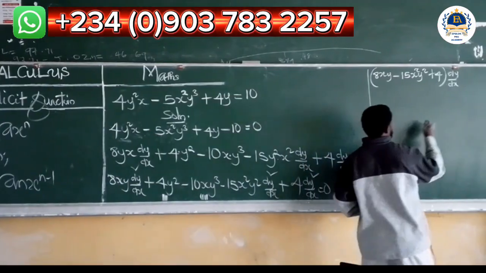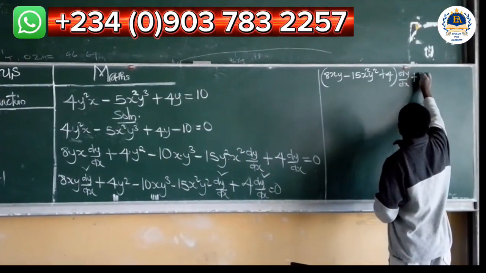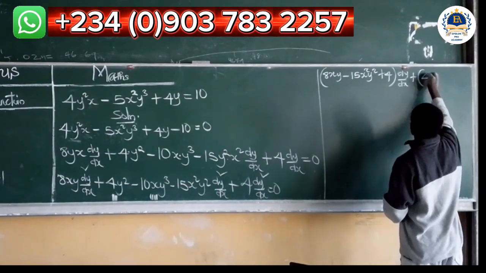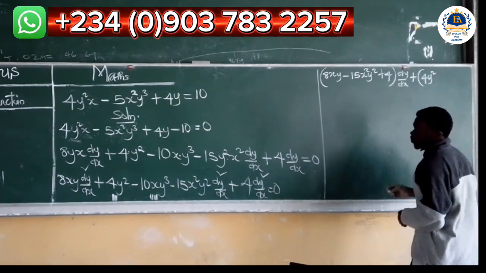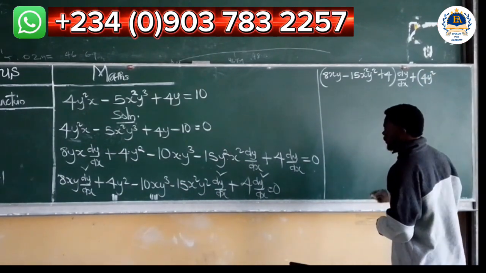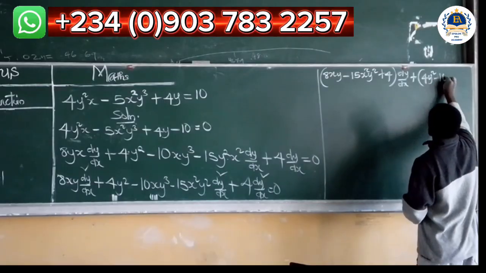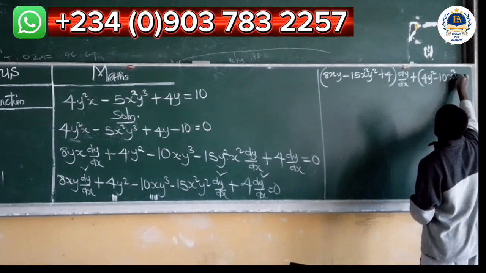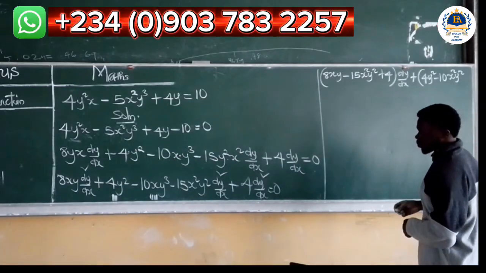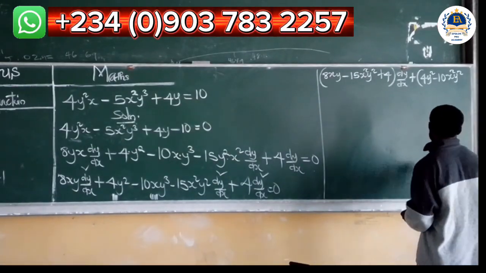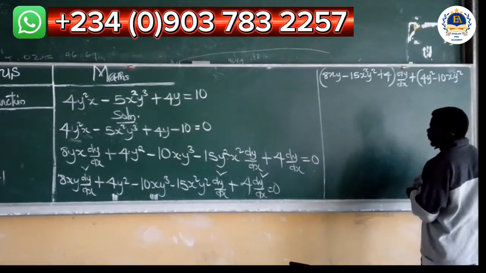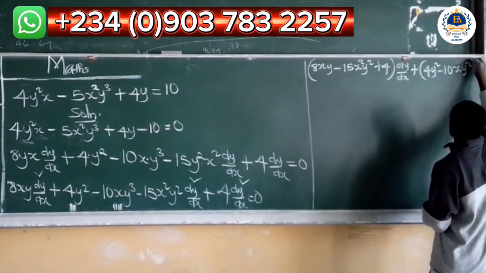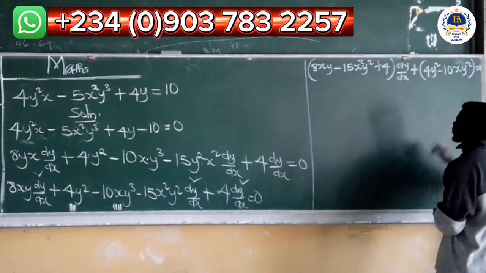That is plus bracket open 4y squared minus 10x y squared, equal to 0. This is equal to 0.